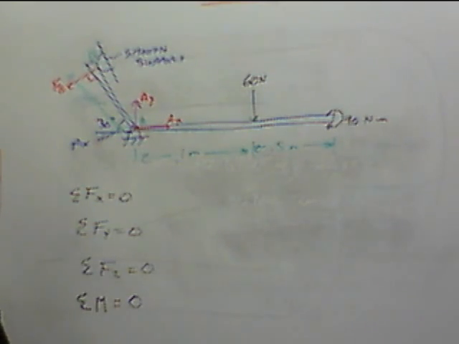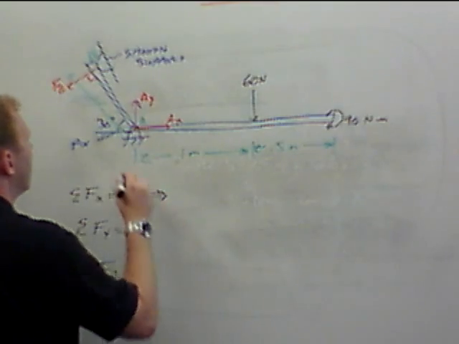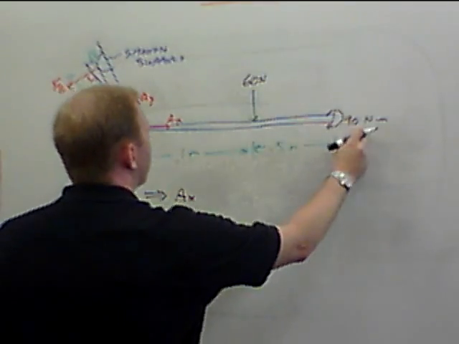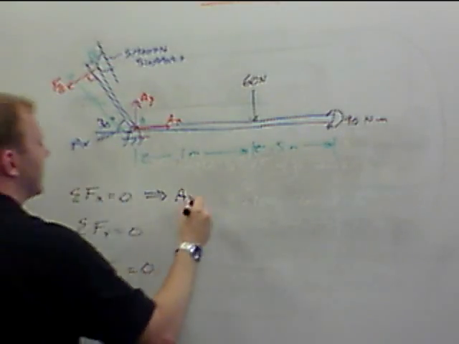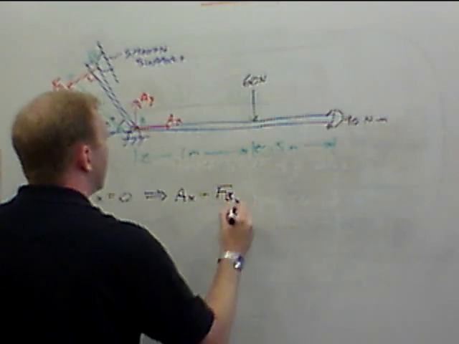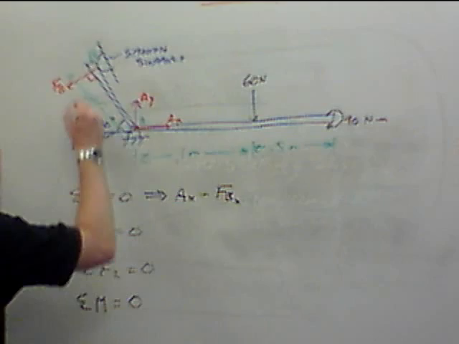Summation of forces in the x gives us AX, the moment has nothing because it's a moment, not a force, minus the x component of FB. I'll draw my little triangle here.